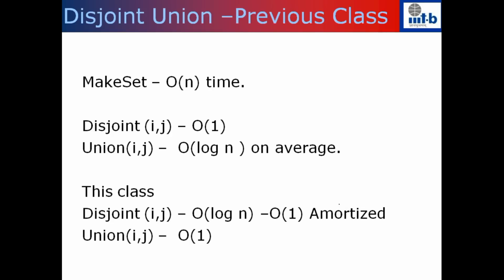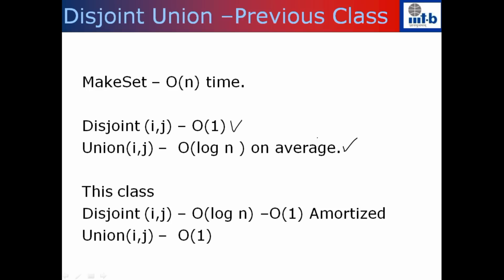In the previous class, we saw an implementation where find can be answered in order 1, but n unions took n log n. In other words, each union takes log n on average. In this class, we will see how to implement find and union in constant time.